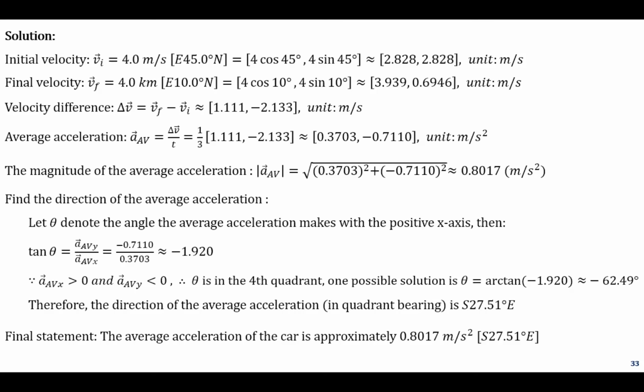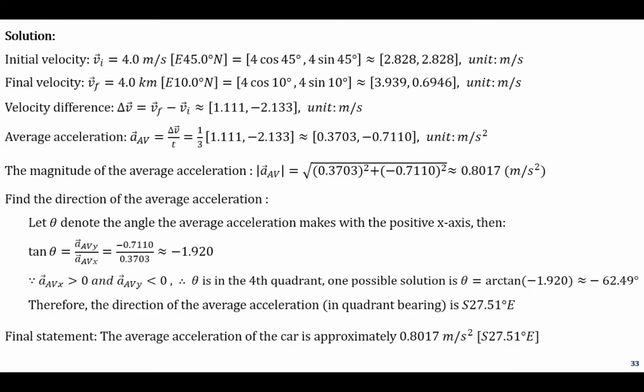And final velocity VF is given by magnitude is also 4 meters per second. And direction here is 10 degrees north-east. So this can be expressed as 4 times cosine 10 degrees, 4 times sine 10 degrees, which is 3.939 and 0.6946.